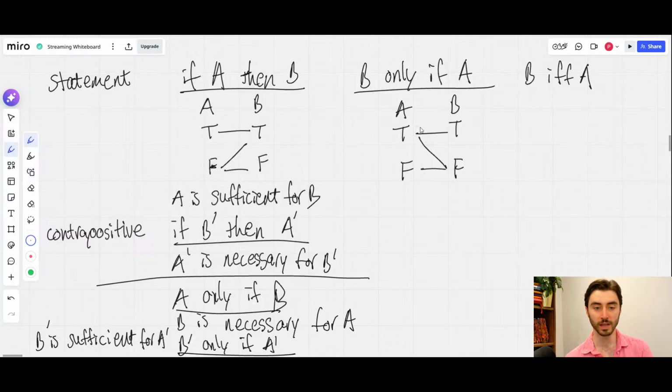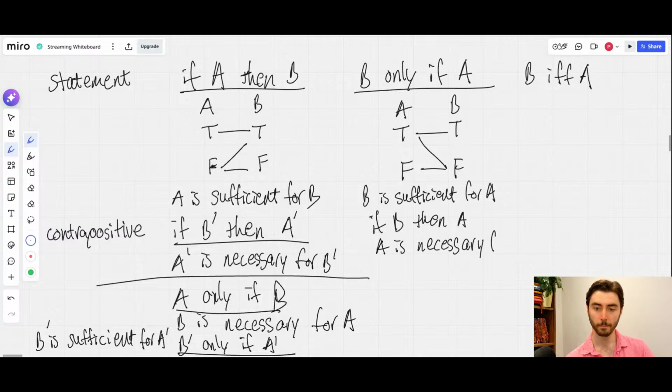And you can consider what all the other statements are. So for B only if A, we can say B is sufficient for A. We can say if B, then A. We can say A is necessary for B. And then we can do the same with the falses.